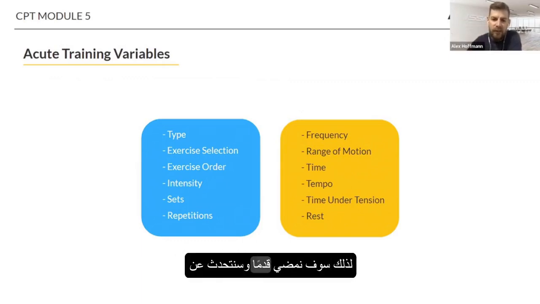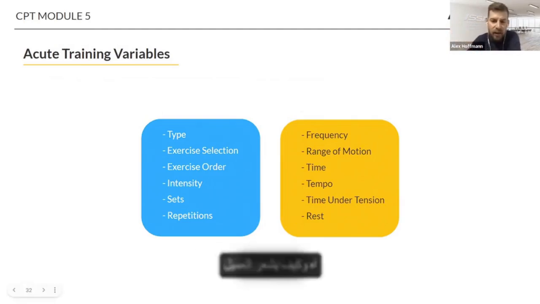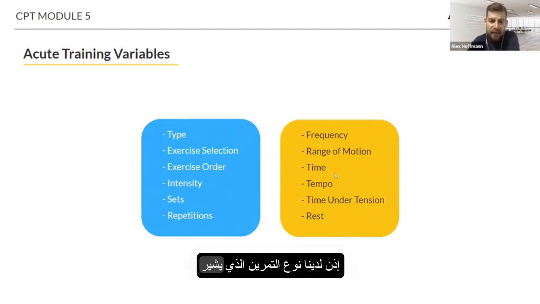So we'll go ahead and talk about what each of these acute training variables are, meaning we can change these often, right? Depending on what our goals are and how the client is feeling that day. So we have the type of exercise, which simply refers to whatever exercise, the equipment that we're using for that exercise.